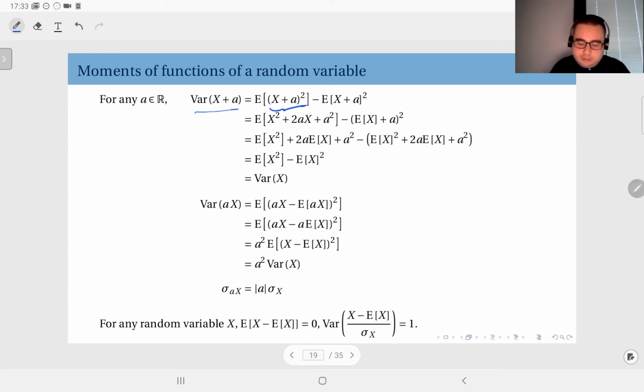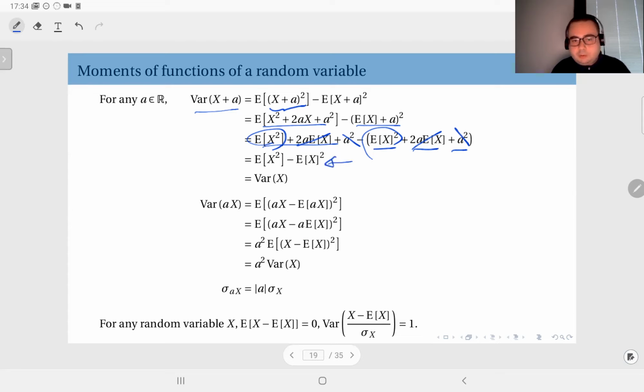So you just plug that in and expand that square, and you get the expected value of x squared plus 2a times the expected value of x plus a squared, right? You can just separate these three terms in this expectation. And when you arrange them, this cancels out with this, and a squared cancels out with this. And what you have is the second moment of x minus the square of the mean of x.